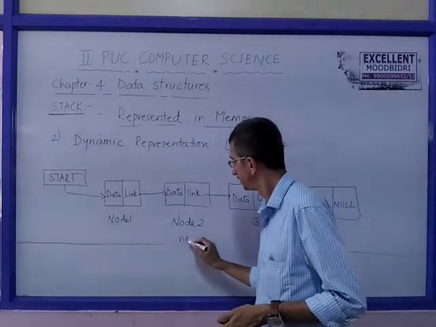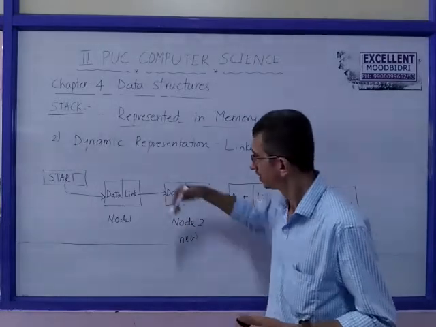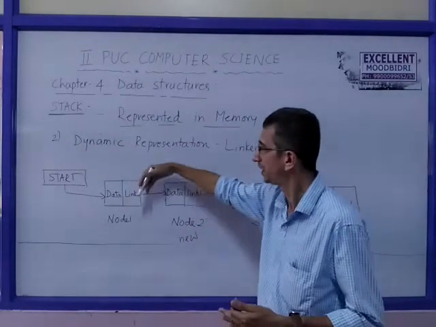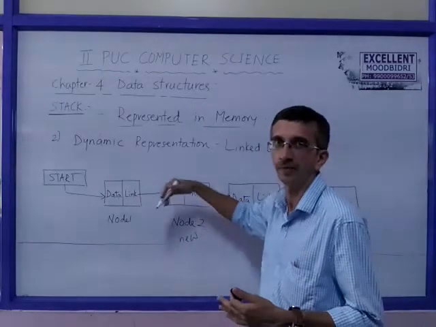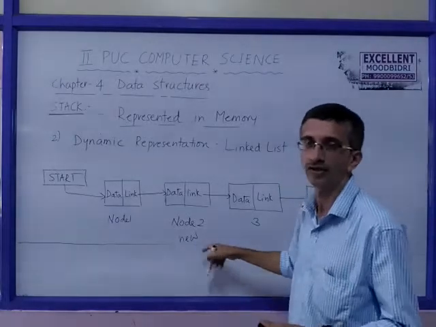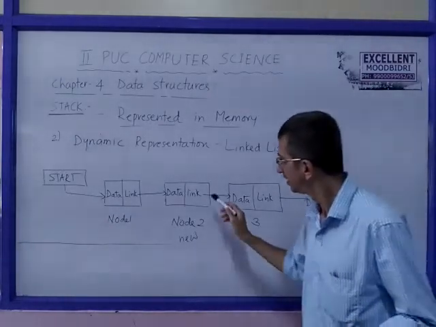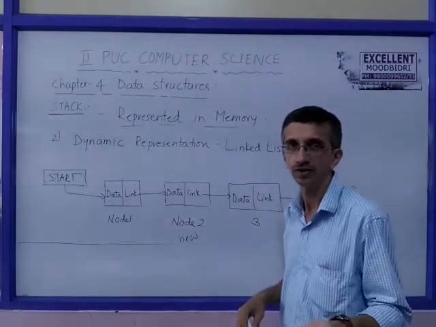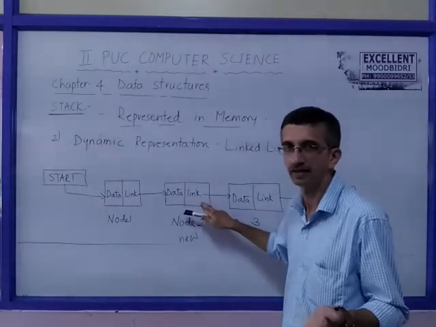Newly added. So this was earlier added, that was the top, and now top is incremented. This becomes the top node. Second node inserted, then the link field of that one must contain null. When you create a fresh new node, the link field contains null.